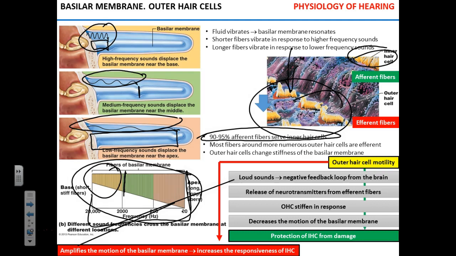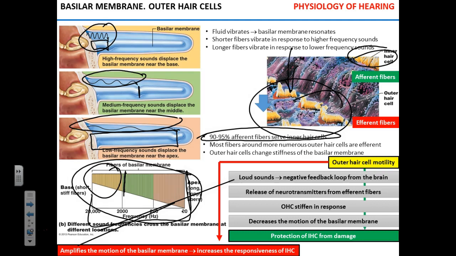You got it? If the amplitude of sound is high, what can you tell about the amplitude of vibrations for basilar membrane? It's going to be what? High or low? High, right?